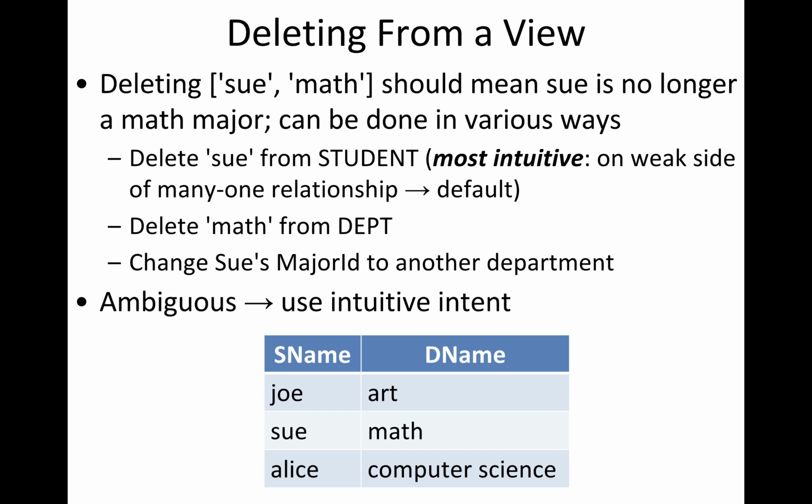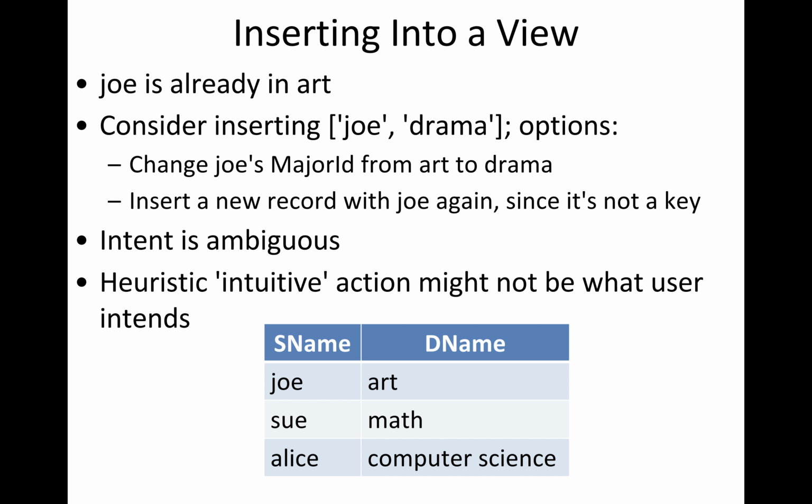Probably not. Or did you mean that this relationship doesn't exist anymore, that Sue is no longer in the math department and is actually in some other department? Maybe that's what we mean. Since it's ambiguous, we typically disallow this.